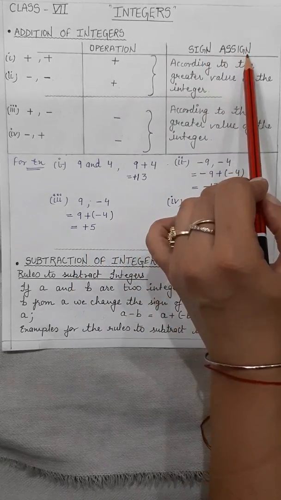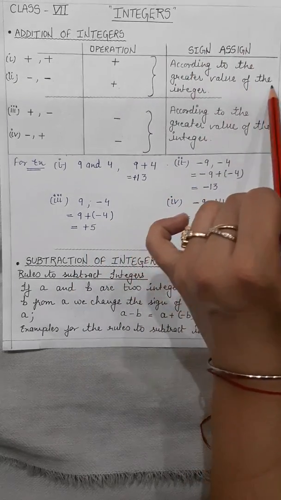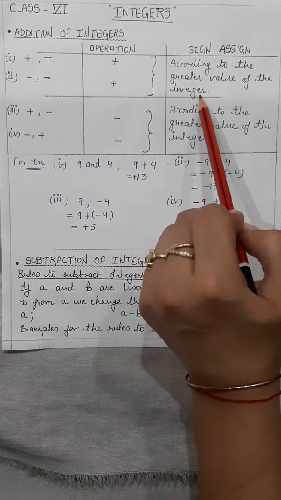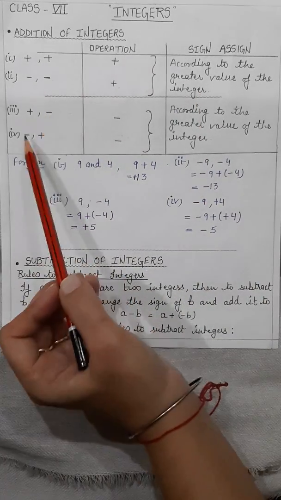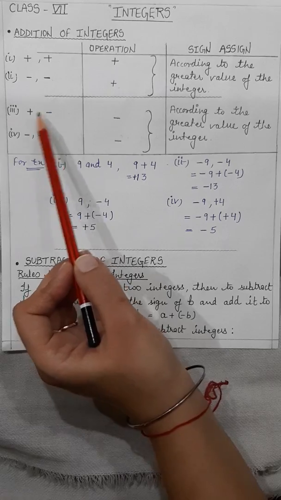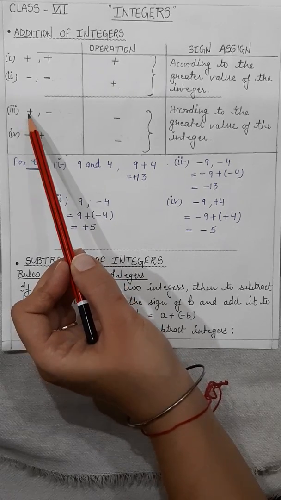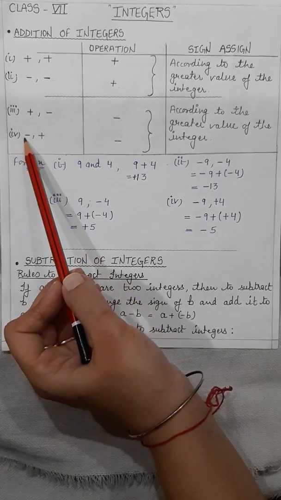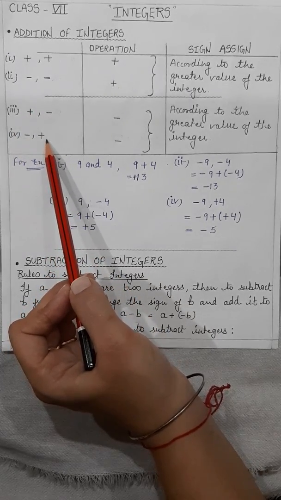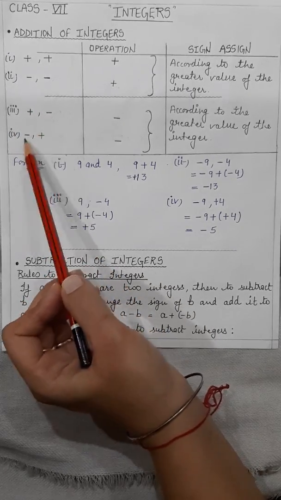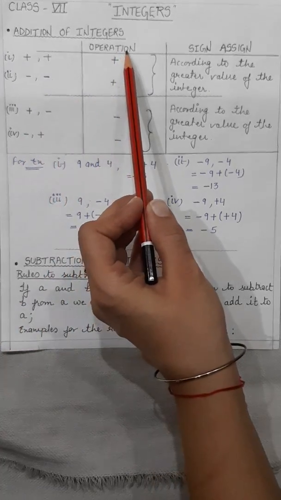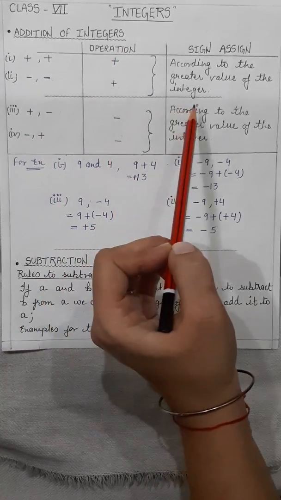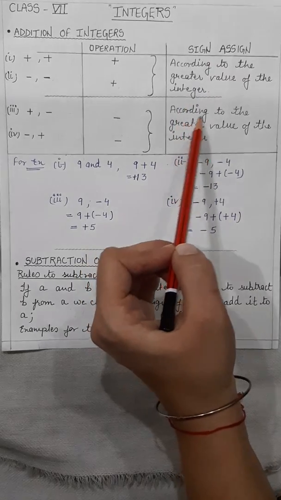And assign the sign according to the greater value of the integer. Next, when the signs are different, first number positive and second negative, or first negative and second positive, then the operation will be subtraction and the sign is assigned according to the greater value of the integer.